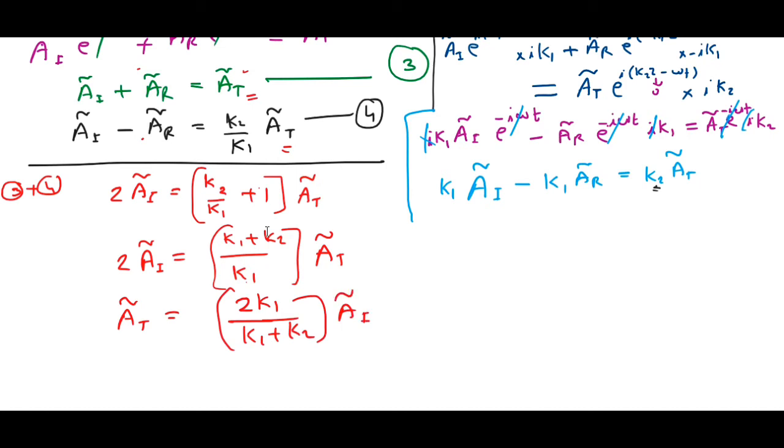This is the amplitude of the transmitted wave A_t in terms of the incident wave A_i. Let us put this into a box.